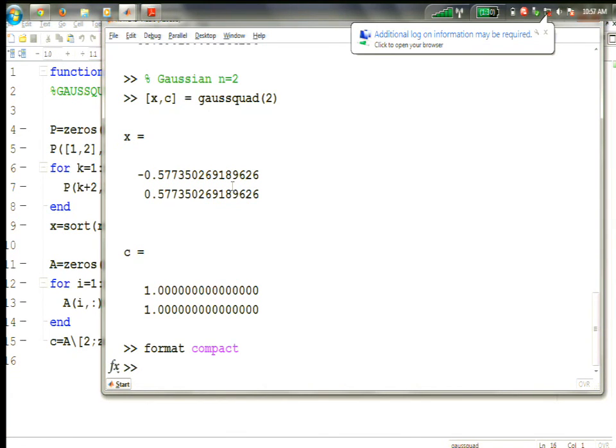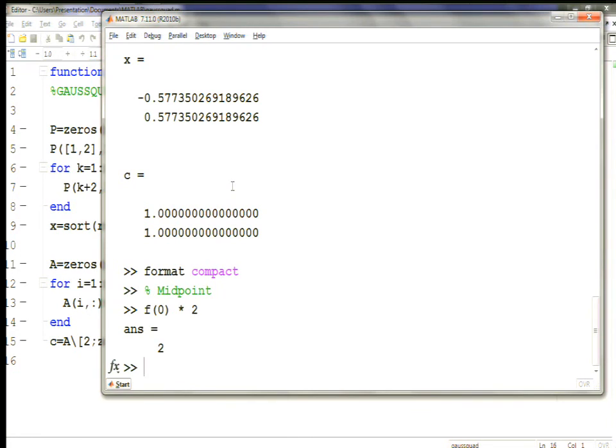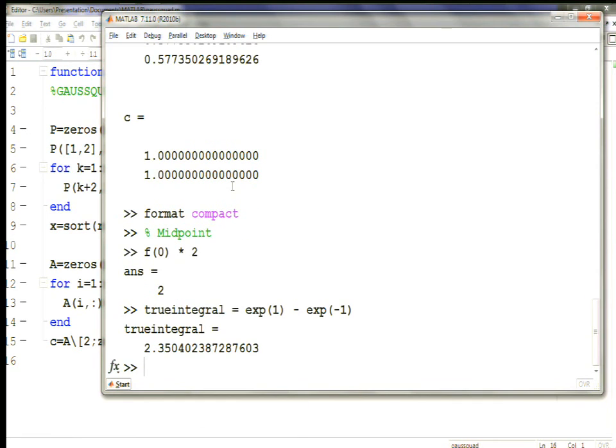So let's do that instead. So midpoint is going to give me midpoint times 2, right? There's a number. If you want to integrate e to the x from -1 to 1, you get 2. True value is going to be e to the 1 minus e to the -1. And it's pretty bad, 20% error.